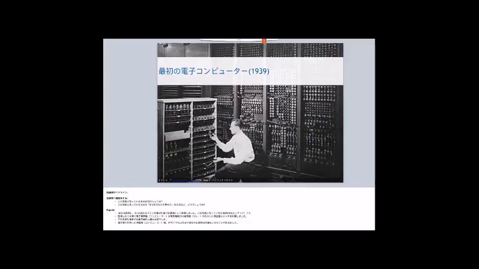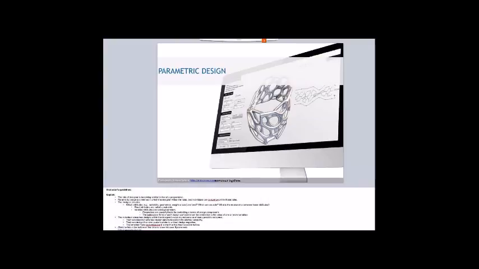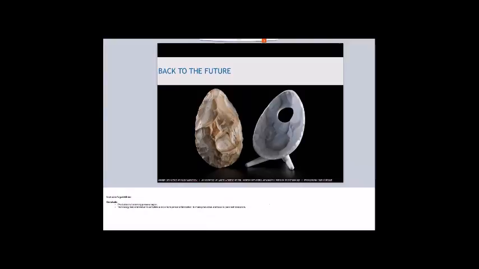And then to the informational revolution, the personal computer, and from the personal computer we go to 3D printing. After we talk about 3D printing, we talk about parametric design and what are the capabilities and options. And then back to the future, which is like taking historical figures and using 3D printing and 3D scanning to do the same thing.